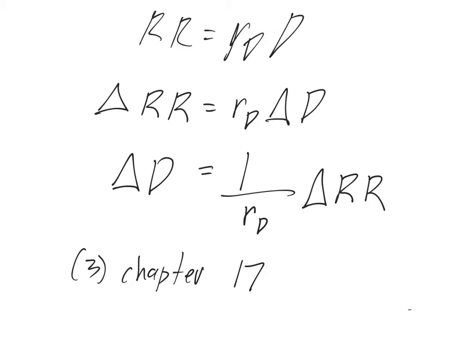So if I've got $100 extra dollars to play with, then with an RD of 1 over 10, that will support $1,000 total of extra checking account balances. The delta D can be 1,000. So that's the logic, and that's where you get the equation in my page 91.